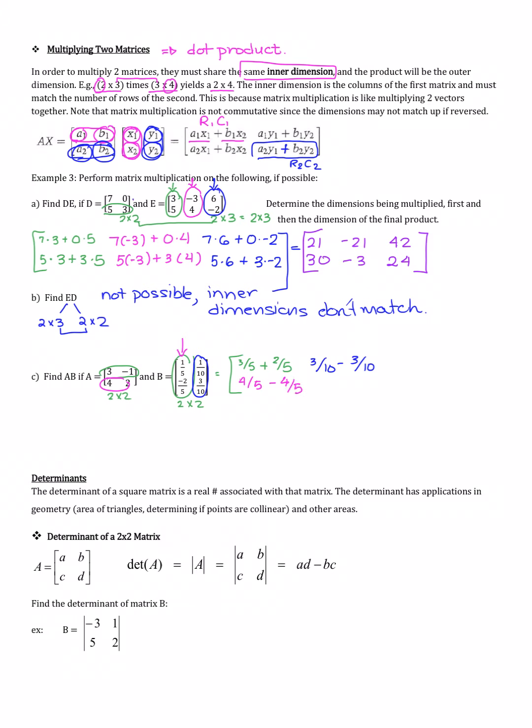And lastly, row 2 against column 2 is going to be 4/10 plus 6/10. And the big ta-da, when we simplify this, you get 3 plus 2 is 5, 5/5 is 1, 3/10 minus 3/10, 4/5 minus 4/5, and this is 10 over 10.